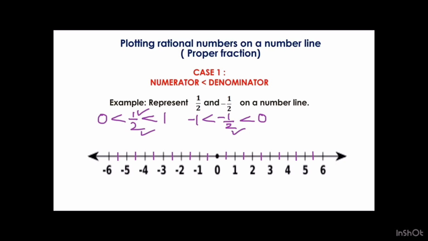So 1 by 2 lies between 0 and 1 in this position, and minus 1 by 2 lies at the same distance on the left hand side of 0, that is in this position. So in this way we represent 1 by 2 and minus 1 by 2 on a number line. We use this method to plot rational numbers that are proper fractions on a number line.